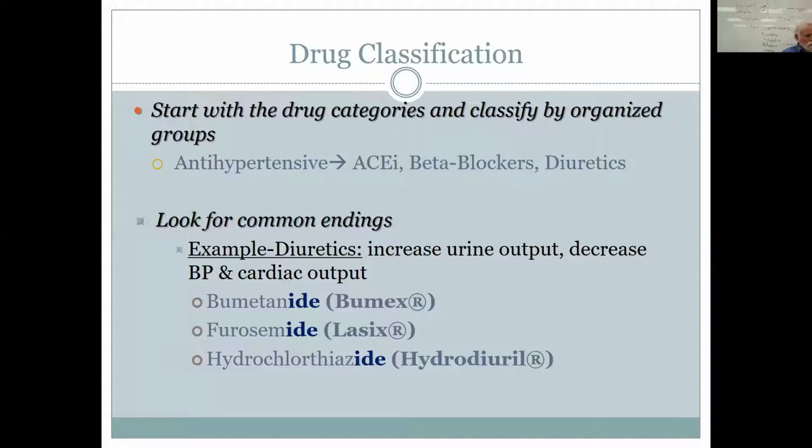It can be a lot of different things causing it. We may want to go to an ACE inhibitor next. So again, we're looking at how we classify the drug. We have major classifications. Cardiovascular drug is a major classification.